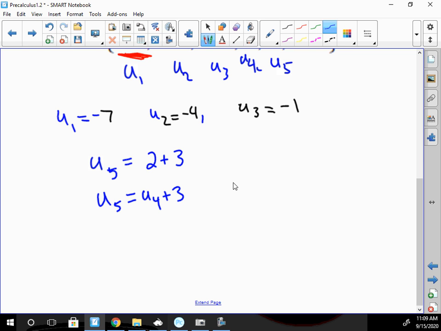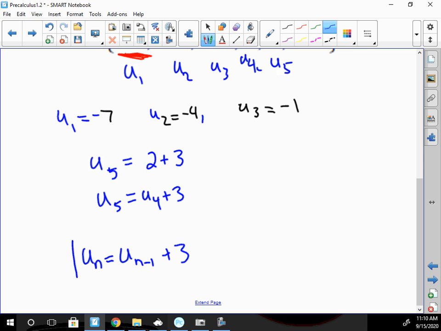If I'm looking for my nth term, if I'm trying to find u(n), I take the term before u(n). Now, 4 is before 5. How do we go backwards from 5 to 4? We subtract 1. So if I'm trying to find the nth, I subtract 1 from n. I take u(n minus 1) and I add 3.